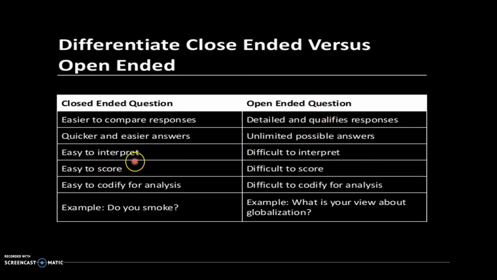Then easy to interpret, but difficult to interpret these open-ended questions. Easy to score and difficult to score. Easy to codify for analysis, difficult to codify for analysis. Then example of close-ended question: do you smoke? Example of open-ended question: what is your view about globalization? So children, study well the differentiation between close-ended and open-ended questions.